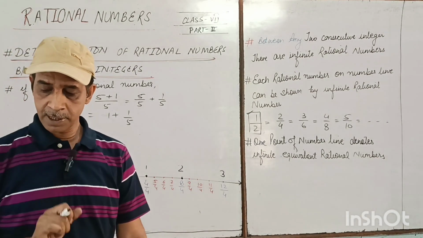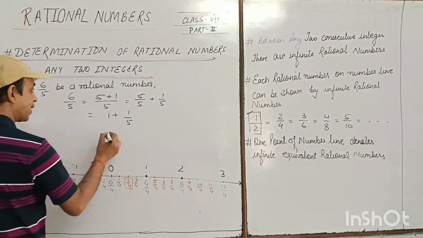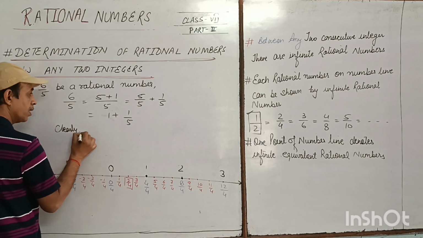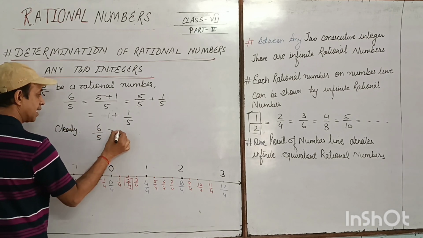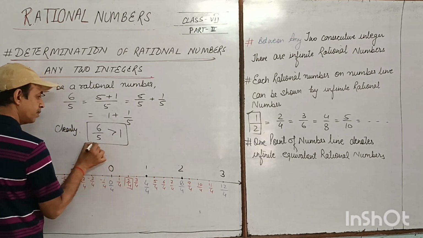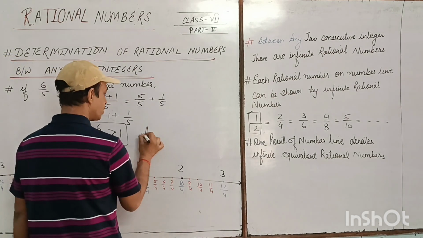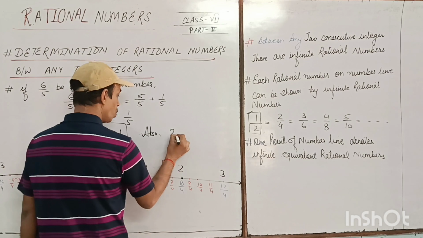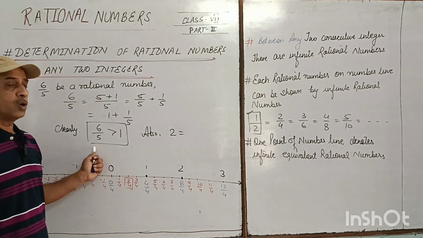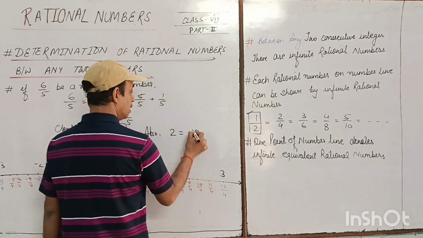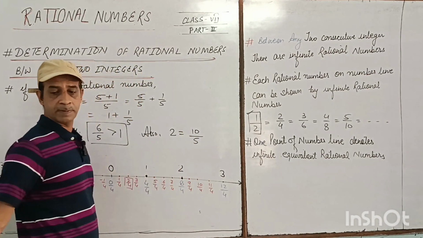So clearly, 6 upon 5 is greater than 1. This thing is to be noted down. Also, 2 we can write with its denominator as 5, as 10 upon 5.